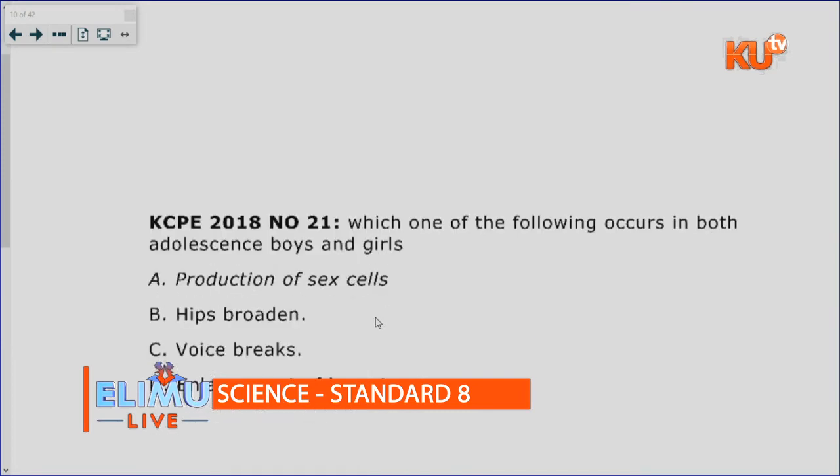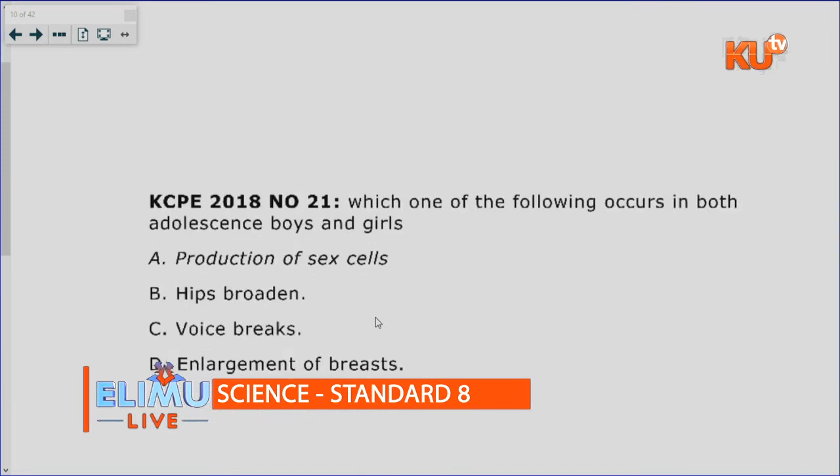As I've said, I am teaching as I revise. So I'm going to look at 2018, number 21. Which one of the following occurs in both boys and girls? This one has to take place in both of them.